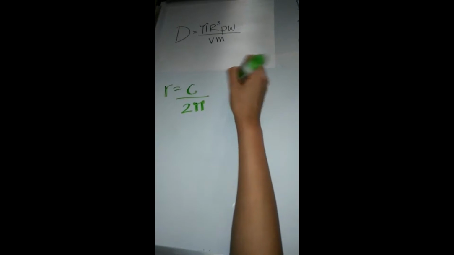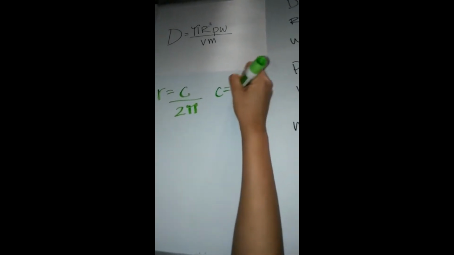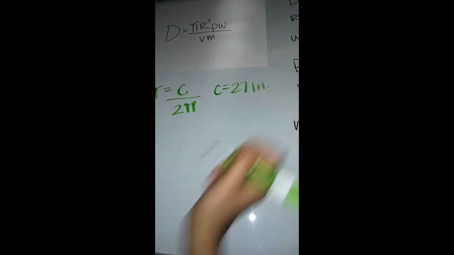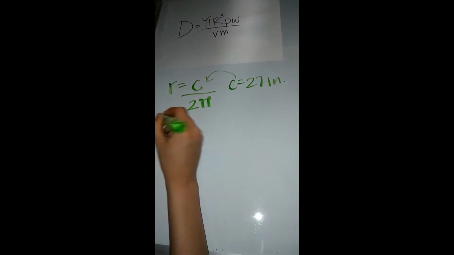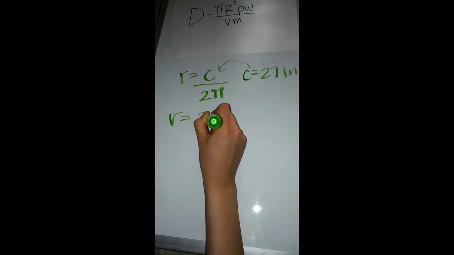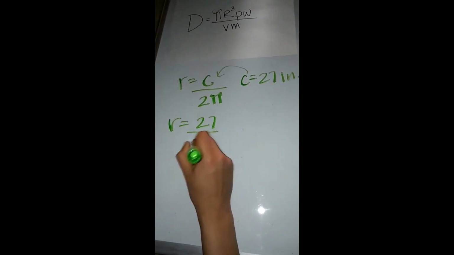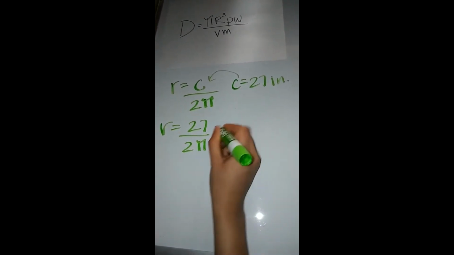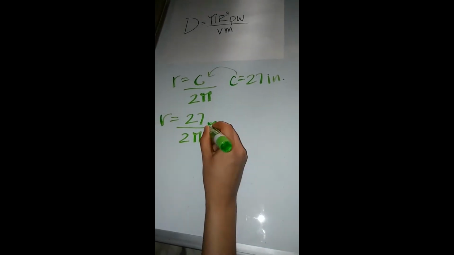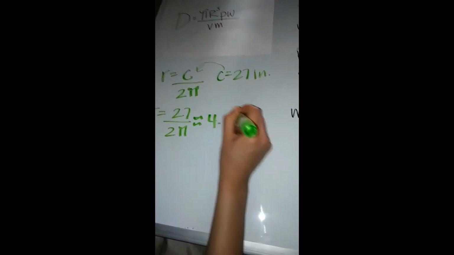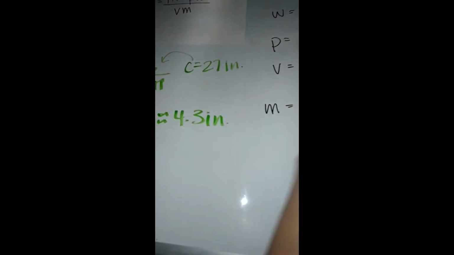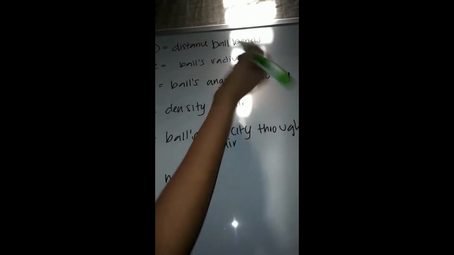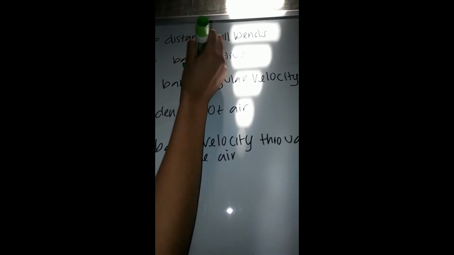I know that the circumference of an average soccer ball is 27 inches. So I will substitute this into C and get r equals 27 over 2 pi, which is about 4.3 inches, which is our r.